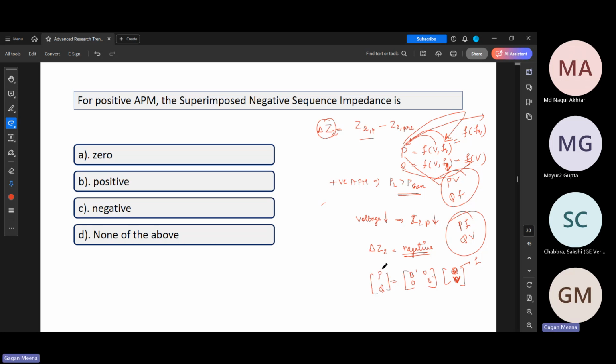Power is related to only theta and Q is related only to V. But we started with some A, B, C, D here, and we reached here by making certain assumptions. Those assumptions hold true because of the nature of the transmission system. But these assumptions do not hold true for a distribution system. That is my point.